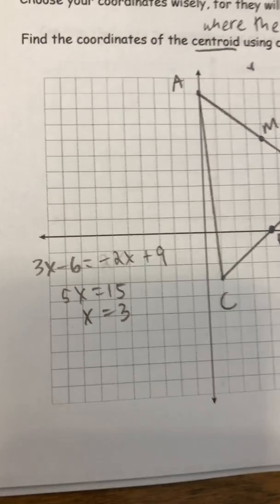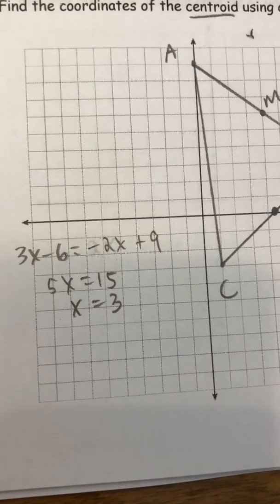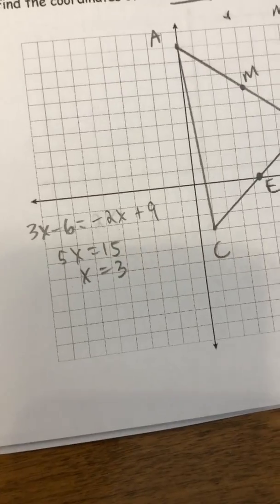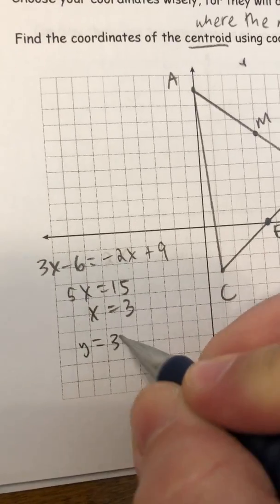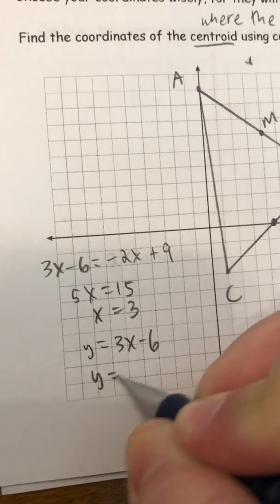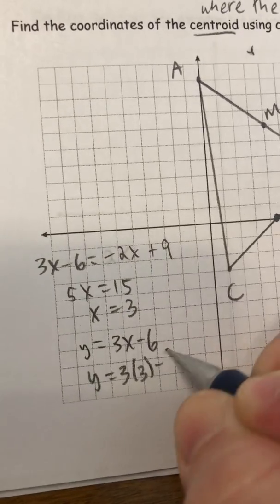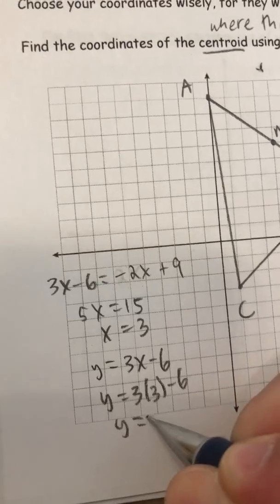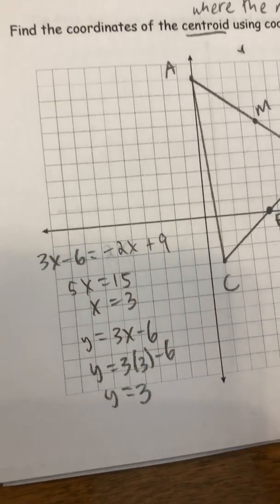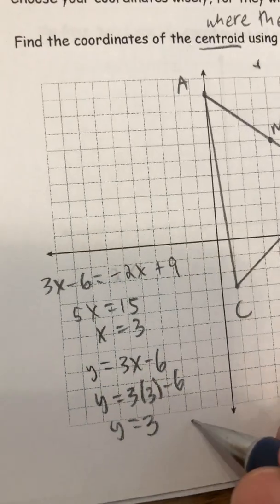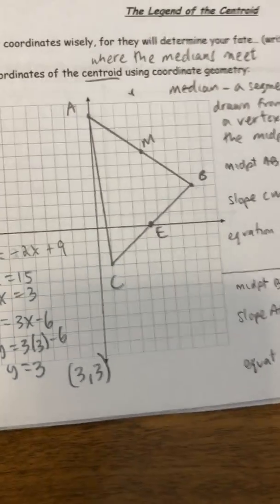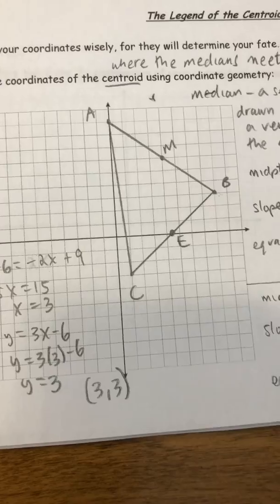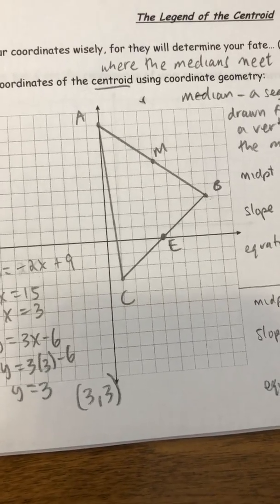Now that I have x equals 3, I have to plug it into either one of those to find out what y is. So I'll use y equals 3x minus 6. y equals 3 times 3 minus 6. y equals 3. So the answer to the system of equations is (3, 3), which is also the centroid of the triangle.